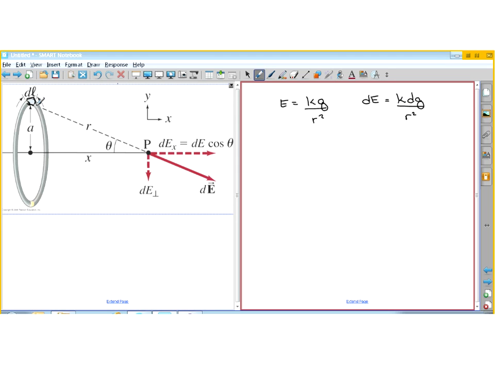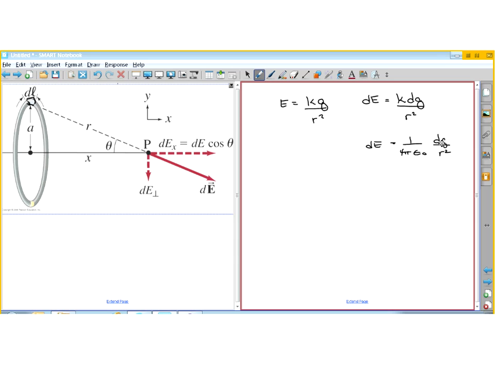The radius for this particular charge is fixed, so these two are fixed. And it turns out they use the other form, where instead of K, they use 1 over 4 pi epsilon 0. So for K, we put in 1 over 4 times pi times epsilon 0, and then you get dQ divided by r squared.